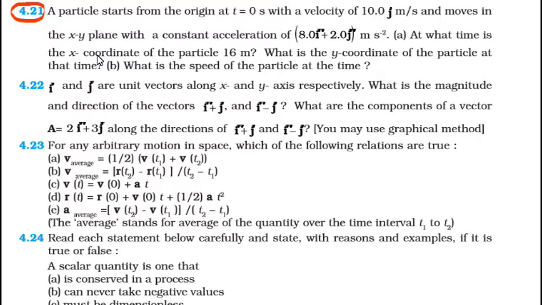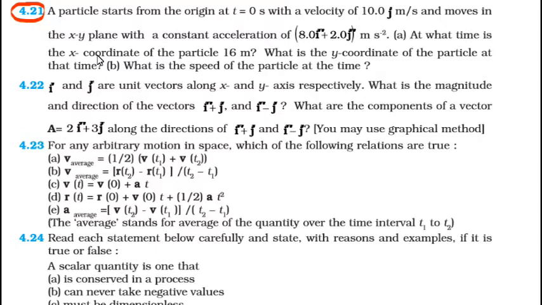A particle starts from the origin at t equal to 0 second with a velocity of 10.0 j meter per second and moves in the xy plane with a constant acceleration of 8.0 i plus 2.0 j meter per second square.